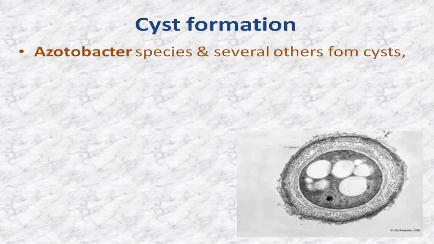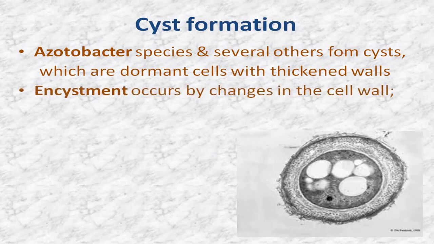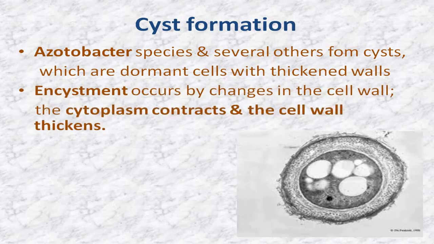The third is the cyst. Cysts are produced, again when the conditions are not favorable, in species like Azotobacter. They are also dormant cells with a thick cell wall. Cyst formation takes place when the cytoplasm of a cell contracts and the cell wall becomes thick, hard and rigid around that shrunken cytoplasm, so it gives rise to the cyst.